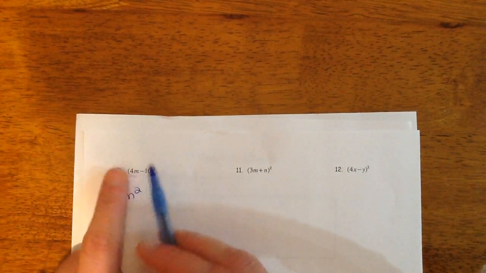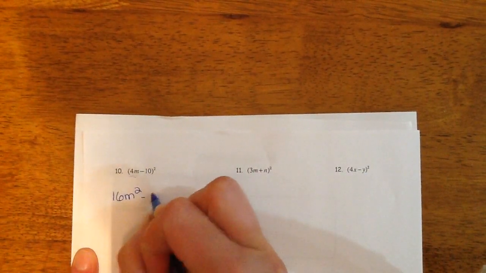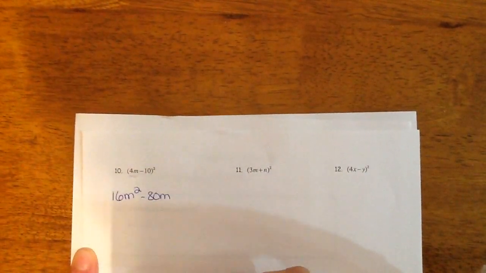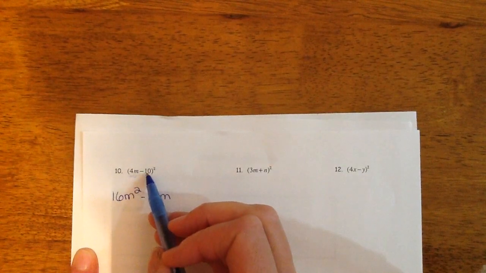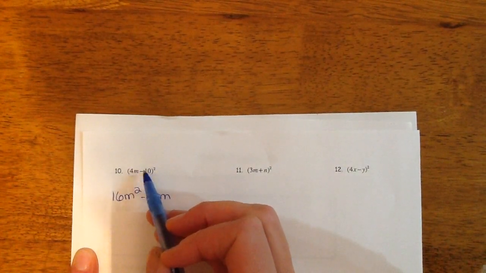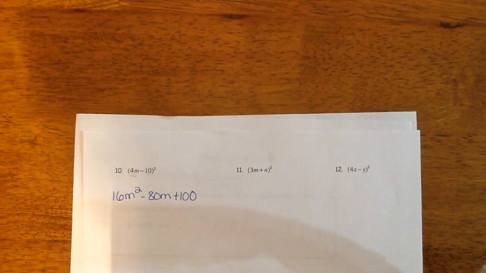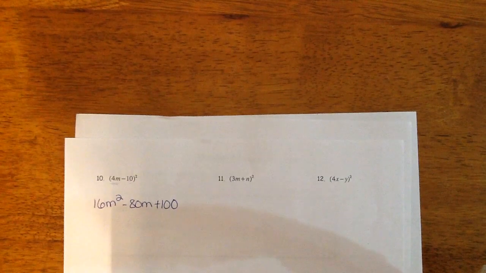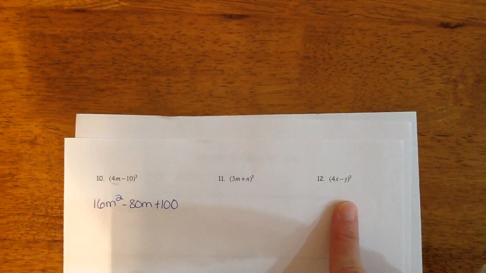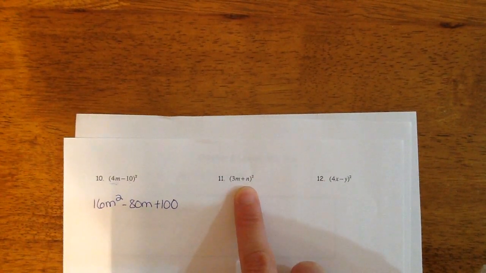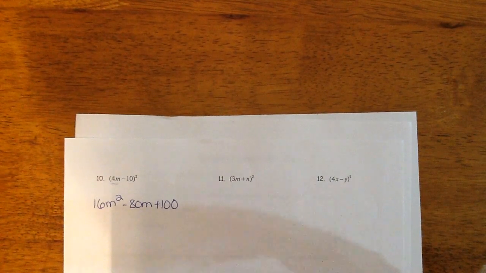But now you're going to double it, and you're going to square the last. So negative 10 times negative 10. And there's your answer. So why don't you go ahead and pause the video here and see if you can do 11 and 12, which again, one is a plus, one is a minus. So go ahead and pause it.